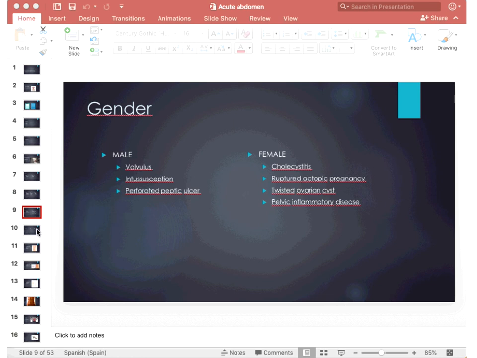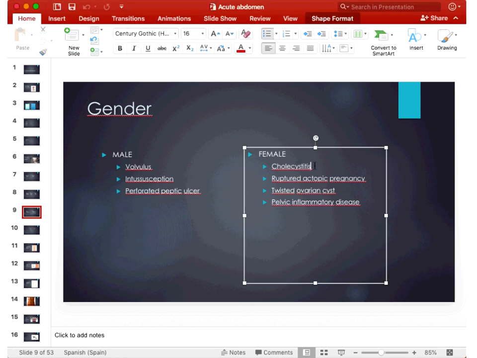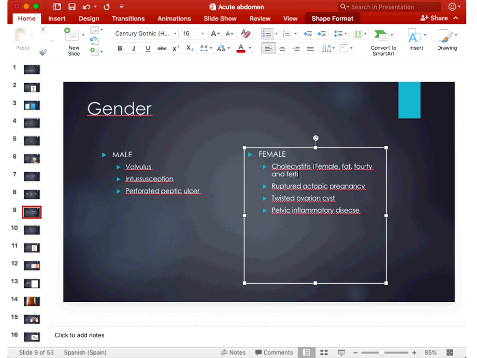Hello, I'm back. And after we talk about the gender, for example, in a female, it is quite common to find an acute abdomen due to cholecystitis. And we're talking about the 4Fs: female, fat, 40, and fertile.